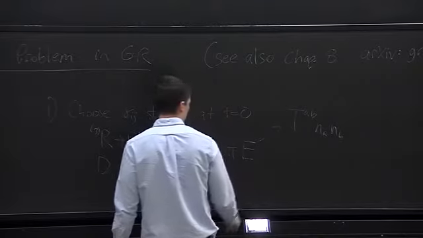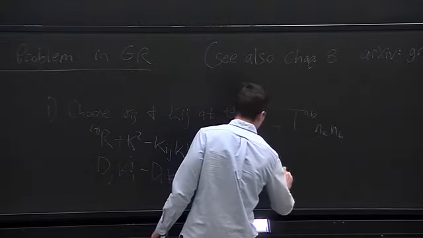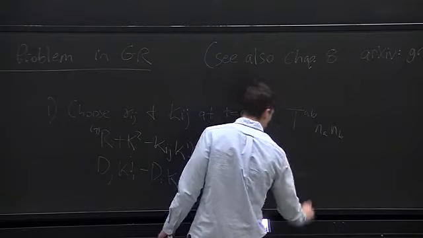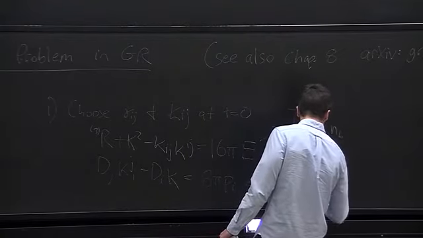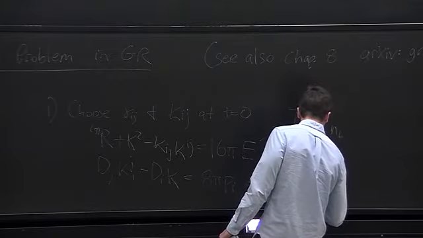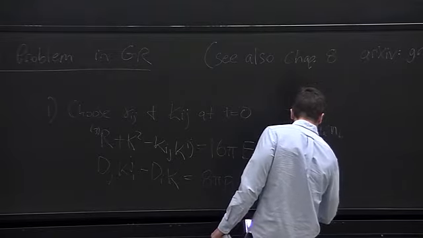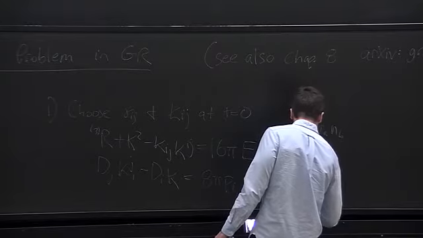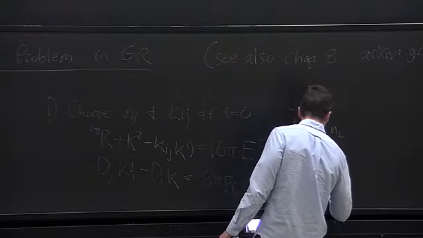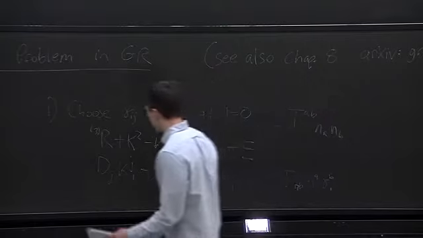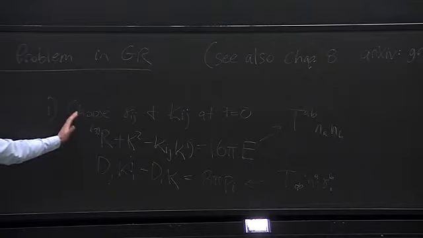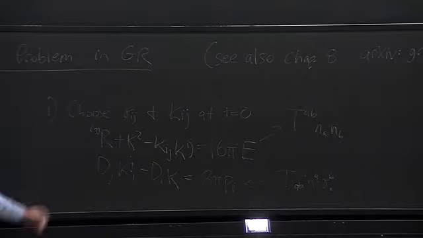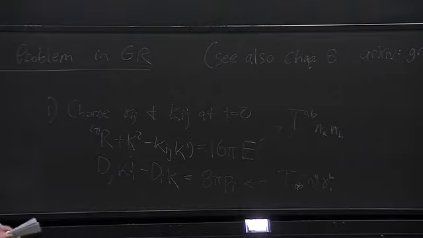And this is the momentum density here. So that's goal number 1: we have to satisfy the constraint equations. Otherwise, we can't say we actually have a solution to the Einstein equations.